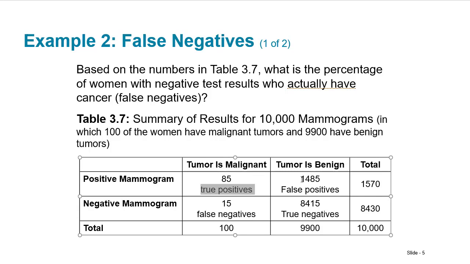But then there were this many positives where the tumor is benign. And that's because the mammogram is really just going to tell you that you have a tumor. It doesn't tell you whether or not it's cancerous. You have to then go on and have it biopsied and tested. So that's why there are so many false positives and also so many true negatives, right? It's because you have to test further.